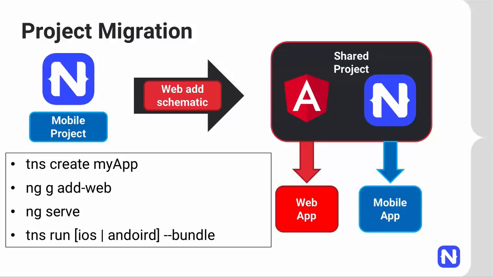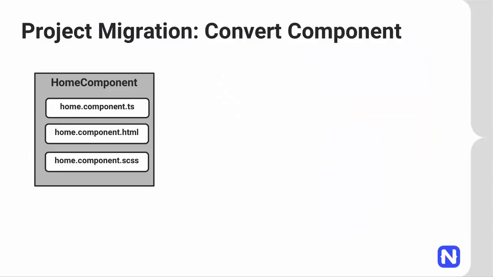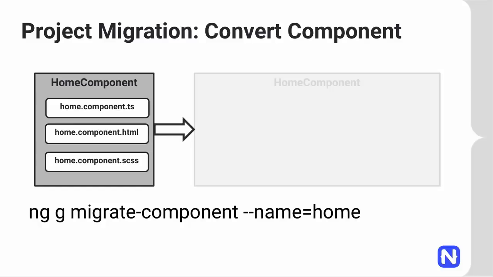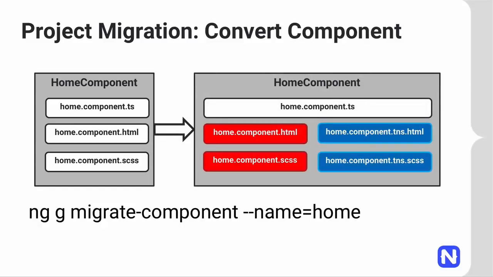So this first step basically just converts the structure of your project, but it doesn't help you migrate your modules or components just yet. So for that, we have a separate set of schematics. If you have an example, like a home component over here that is web only, you could run something like ng g migrate component, and then give it its name as a parameter, and then the schematic will take it and convert it into a code sharing structure.